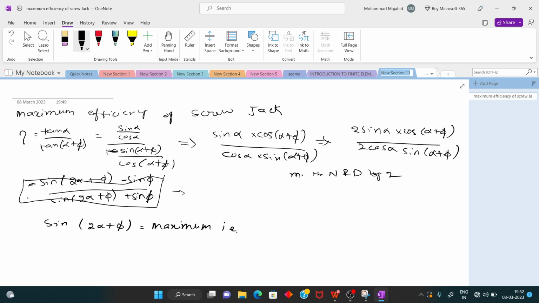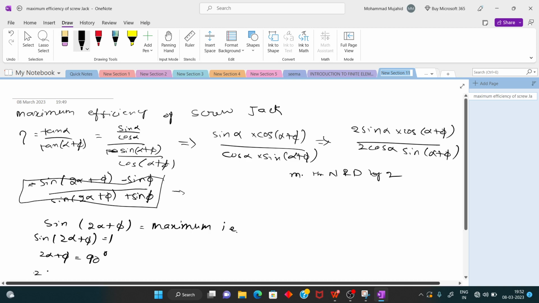That is, when sine of 2 alpha plus phi is equal to 1, and 2 alpha plus phi is equal to 90 degrees. Here 2 alpha will be equal to 90 degrees minus phi, or you can write alpha equal to 45 minus phi by 2.